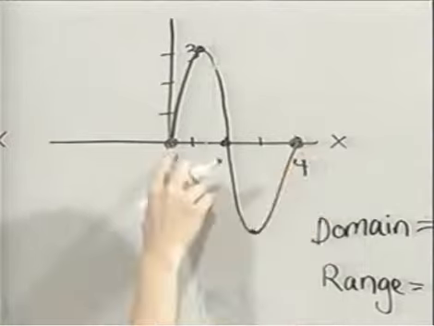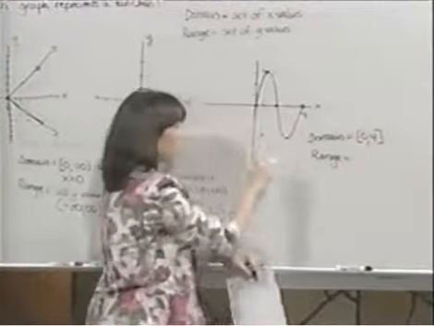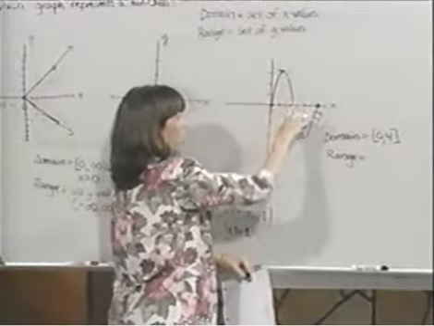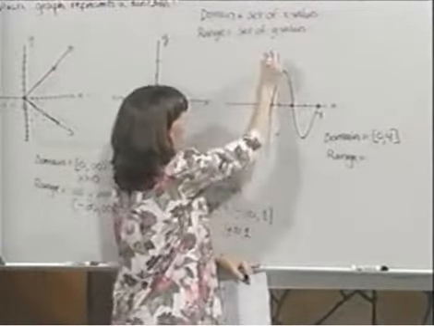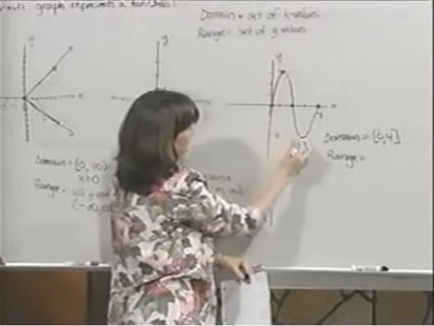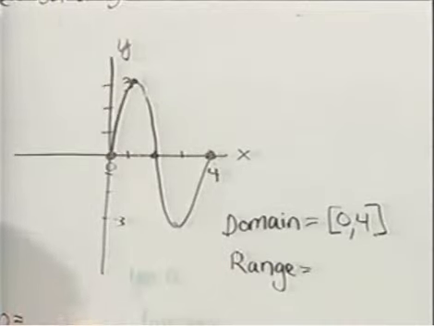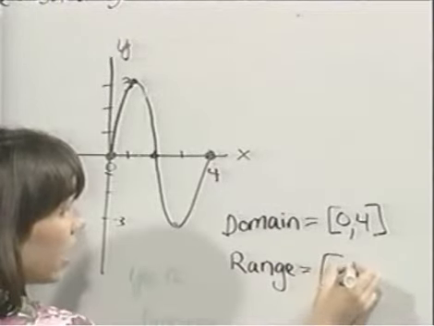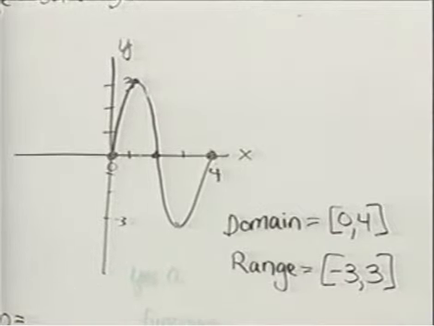So our domain would be 0 to 4. In between, you always have a place that corresponds to the graph. And our range, the y values, stops down here at negative 3, stops here at positive 3, doesn't go higher, doesn't go lower. So our range, see if you agree, would be negative 3 to positive 3.